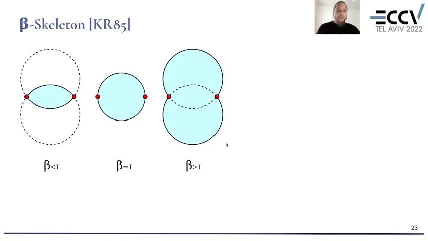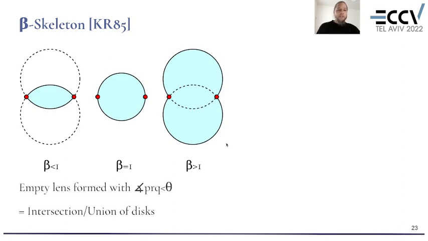Next is the beta skeleton proposed by Kirkpatrick et al. in '85. Here we have a parameter beta, and based on whether beta is smaller or larger than 1, there is a function computed which then takes either the intersection or the union of the disks, and if these are empty, then the edge connecting the two red dots will be part of the beta skeleton.